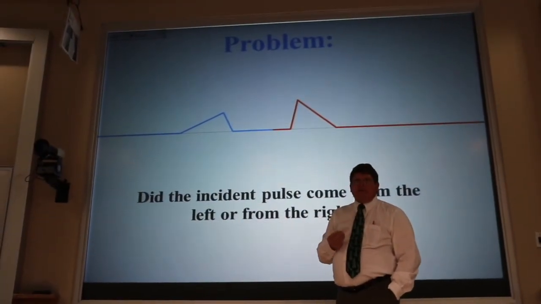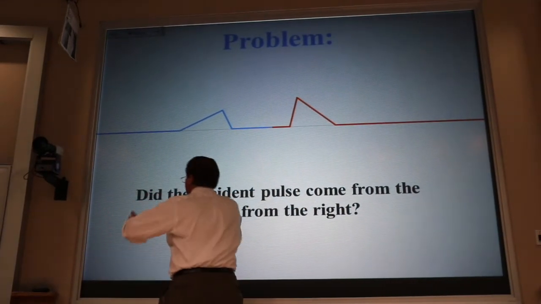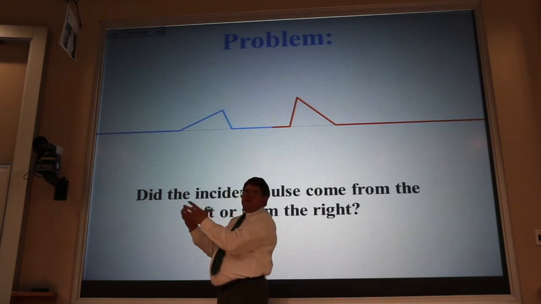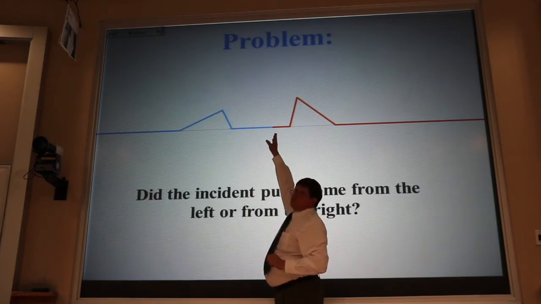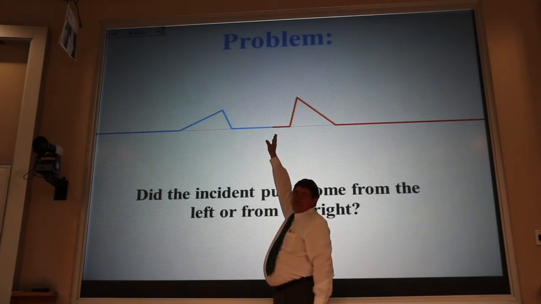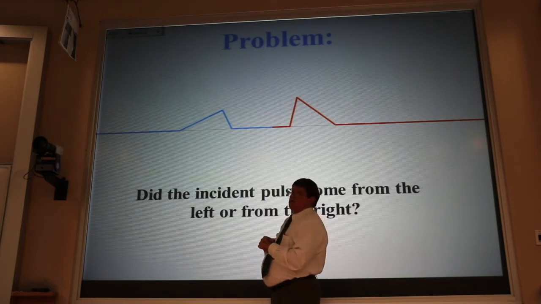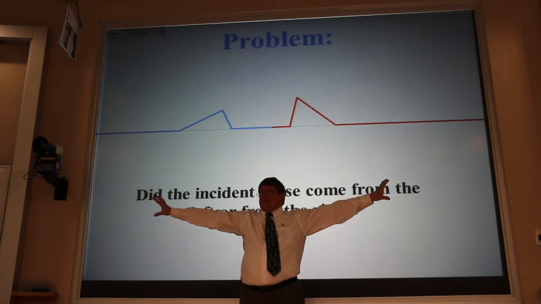Now here's how you tell. One way to think of this process is that the incident pulse, the original pulse, I call the mother pulse. Okay? The mother pulse comes in and gives birth to twins. And in the process, unfortunately, dies. But the twins take off in both directions.